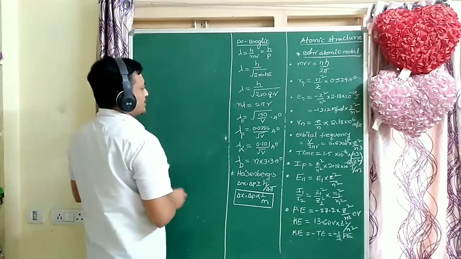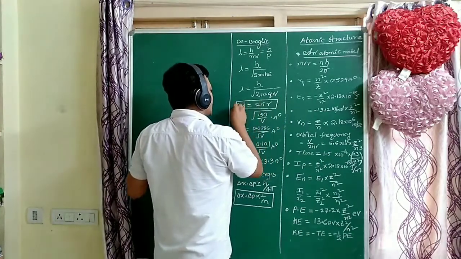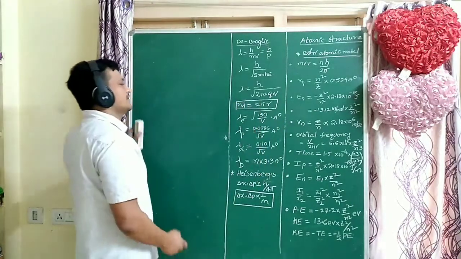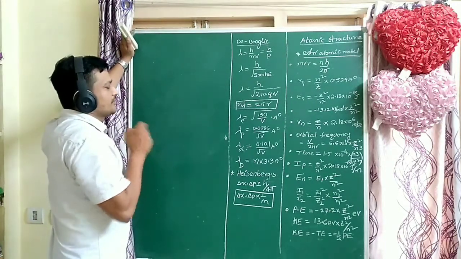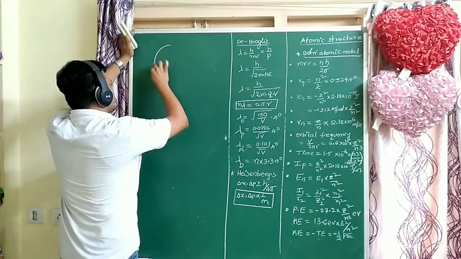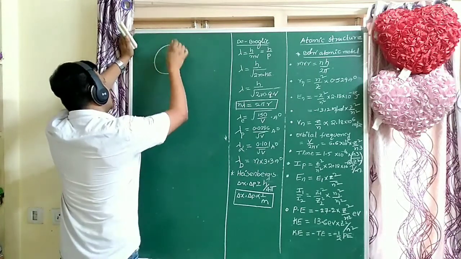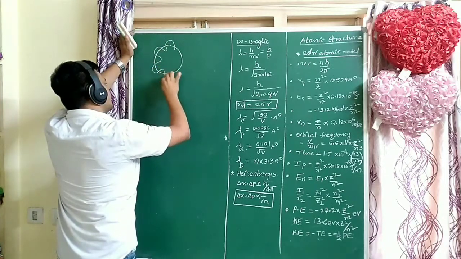Here another formula is there: n lambda equals 2 pi r. This means the integral multiple of wavelength is equal to the circumference of that orbit. According to de Broglie, matter has dual nature, both particle nature and wave nature.